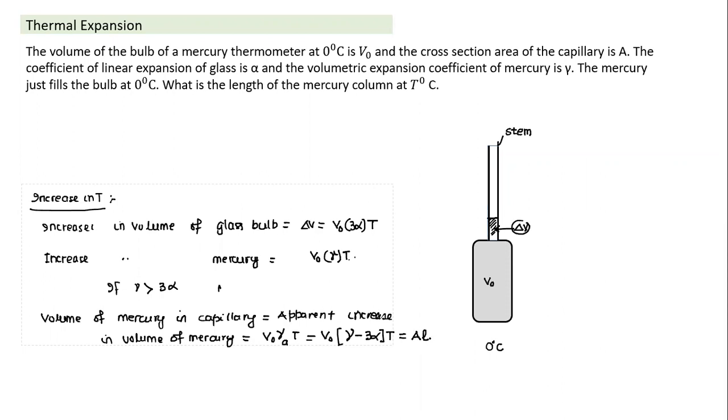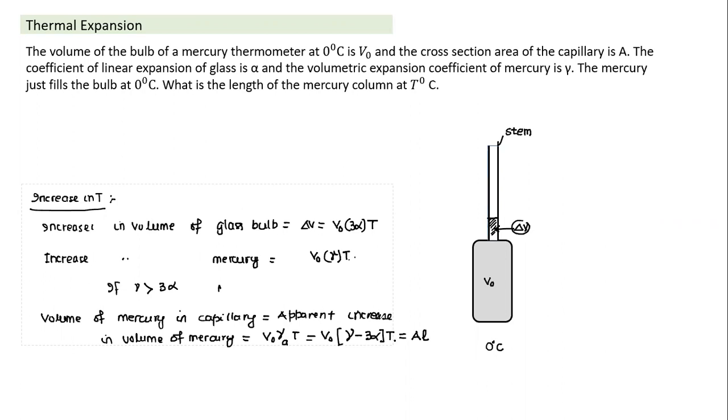So what we notice here is, if A is very small, L becomes large. That's how the capillary section, that's how the thermometer works. A small change in volume occupies a tube which has a small cross section. Since the cross section area is small, even a small change in volume results in a significant length it occupies in the capillary tube.